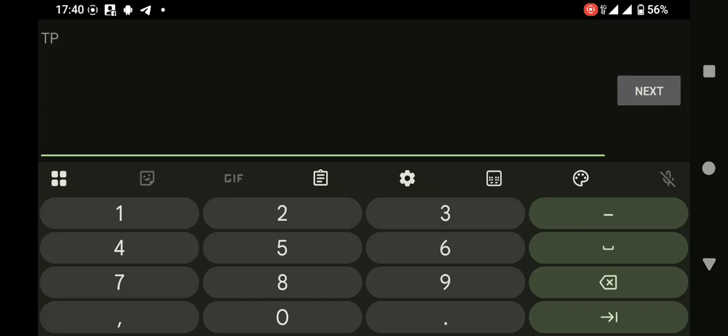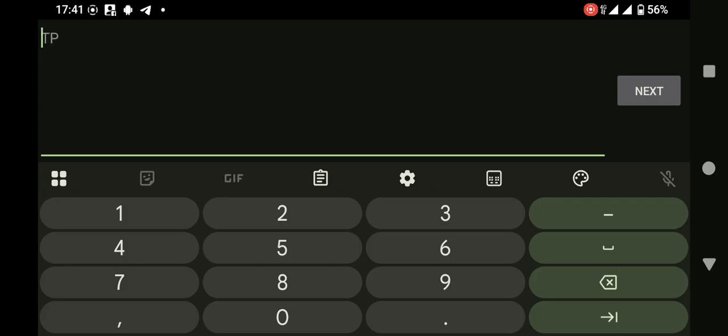Then our TP, which is our target. Target is where, when the price gets in that area, you are willing to get out of the market with some profits.